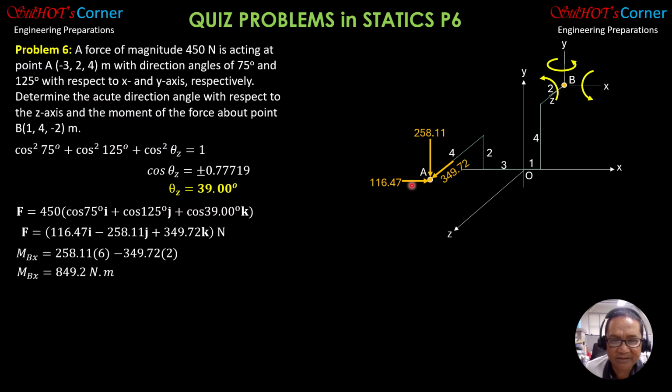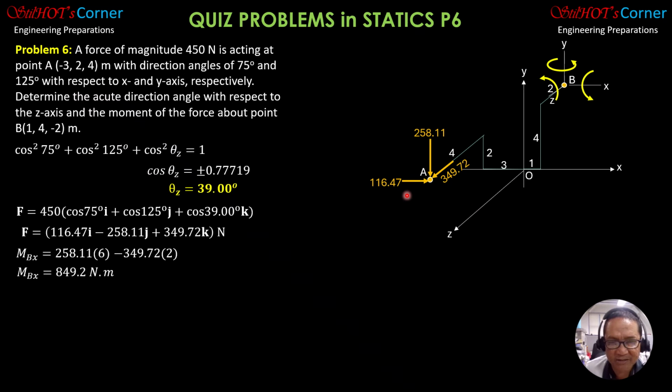Then we sum up the moment of the force about the y-axis. 116.47 is the same sense as the positive sense of moment about the y-axis, and the moment arm is again 6, 4 plus 2. Then 349.72 is also positive. Don't mind 258.11 because it is parallel to the y-axis.